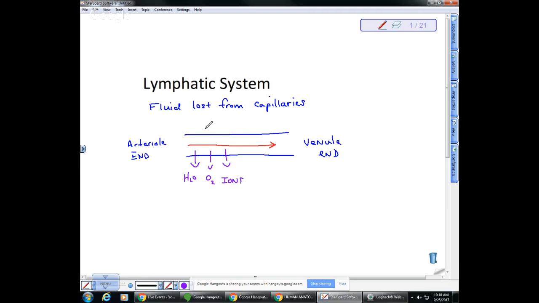And then we get small molecules, so small organic molecules like small proteins. Right? So that's all at the arterial end.